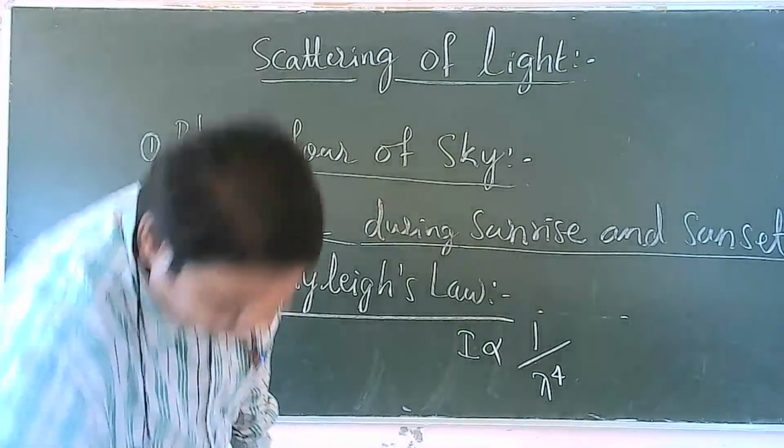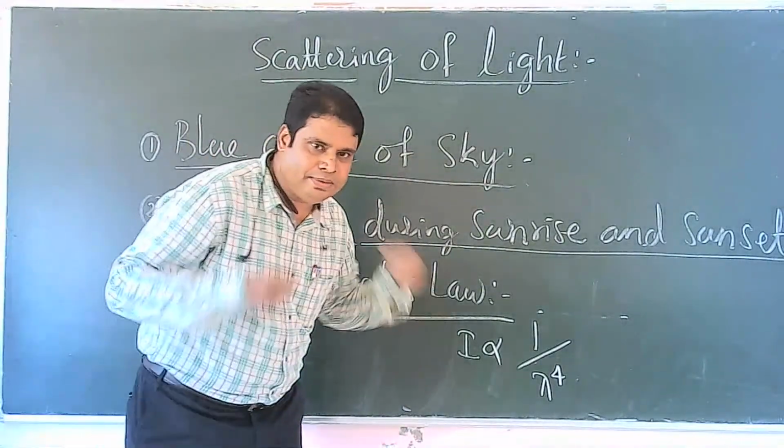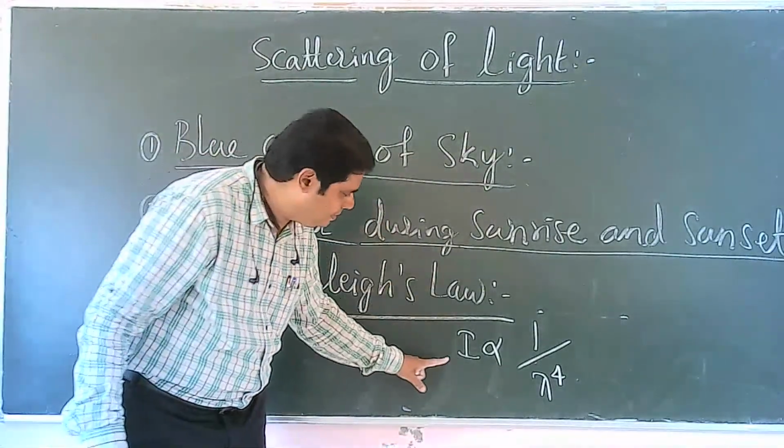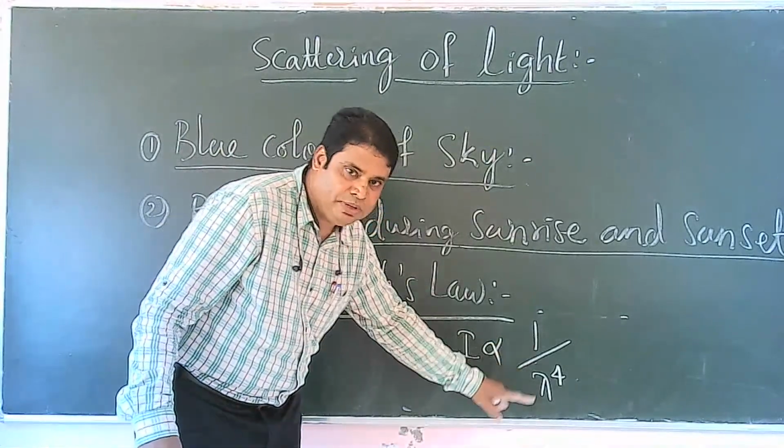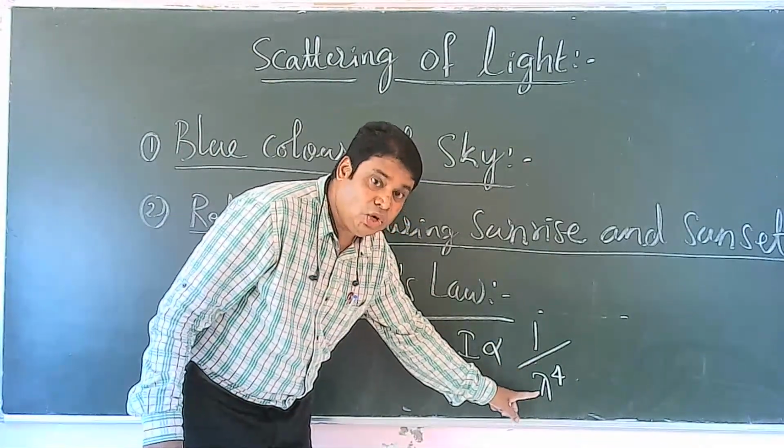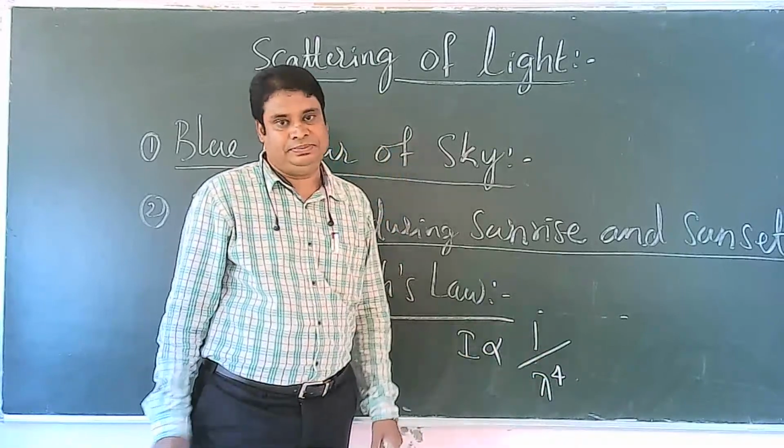This is I, which stands for intensity, inversely proportional to lambda, the wavelength, to the fourth power of wavelength.